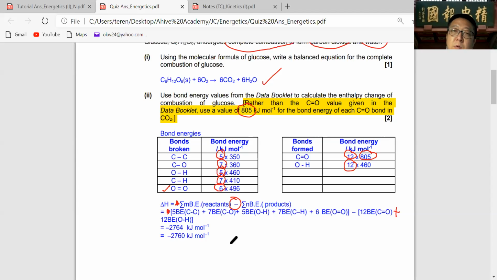Okay, so you can see a lot of students before they take their IPPT test, they will take Red Bull, chicken essence, whatever. Then I ask them why. They say they need more energy. Then you look at the calculation here, it's 2760 kilojoules per mole. Actually, you don't need to drink all those Red Bull or whatever.